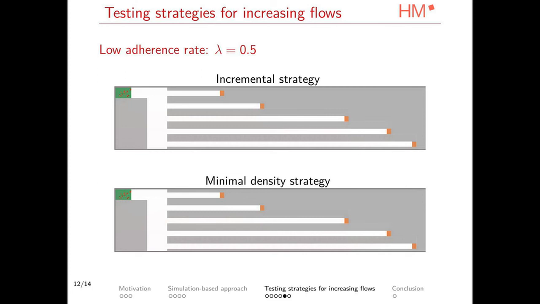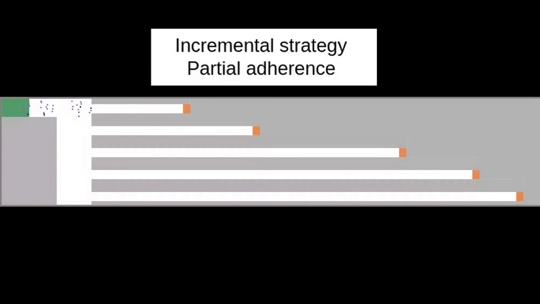Again, we look at the incremental strategy first. So what do we see? We have an additional color in the setting. The color pink marks agents that received a route recommendation but have decided against it.